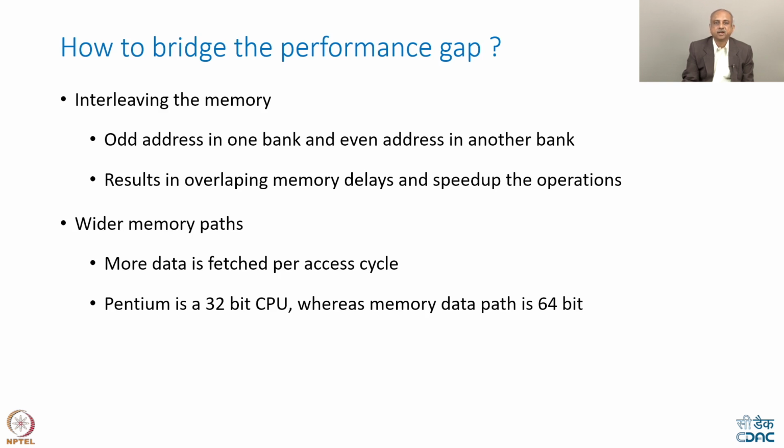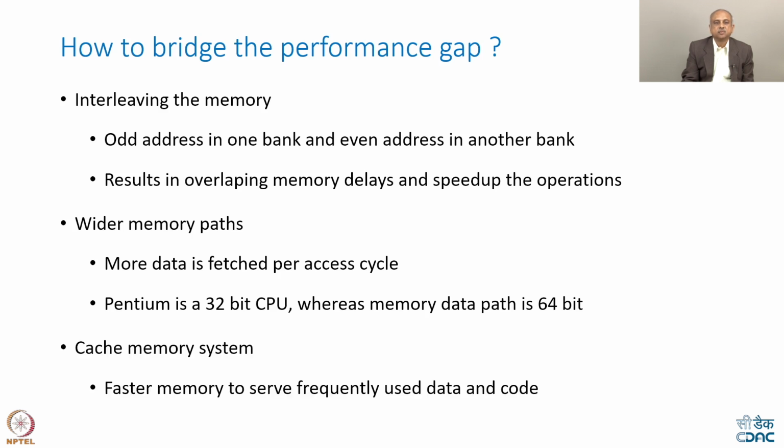So, the amount of data that you get within a time is more, because the speed has not reduced, but the paths have become wider. For example, Pentium is a 32-bit CPU. However, the data path from the CPU to memory is 64-bit, which means that in one cycle the CPU is able to fetch 2 words from the memory. Thus, the memory bandwidth is increased.